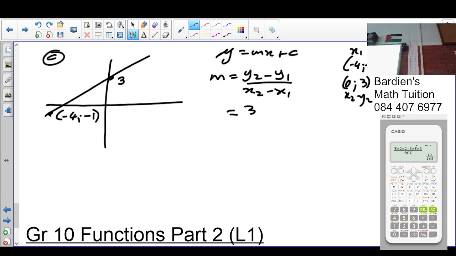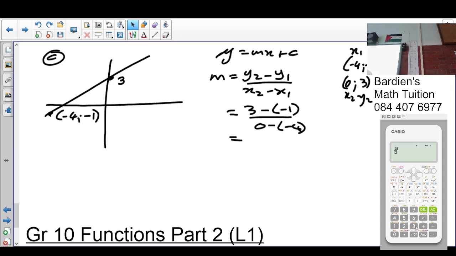So we say 3 minus -1 over 0 minus -4. Now you can do that. You know it's going to be 4 over 4, which is 1. We use a calculator: 3 minus -1 over 0 minus -4 gives you 1.